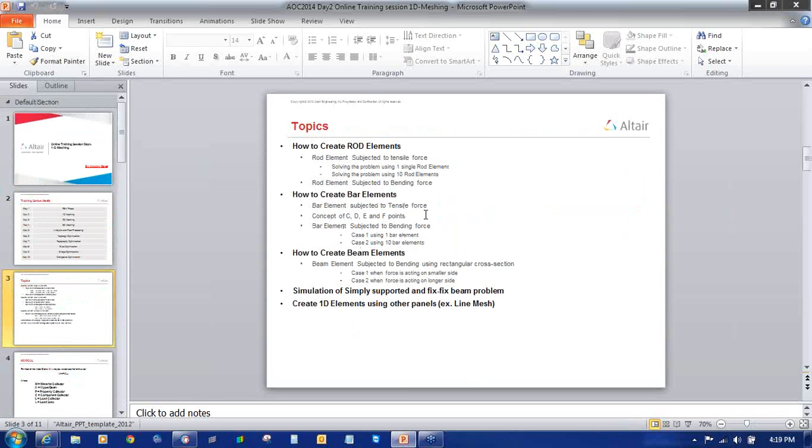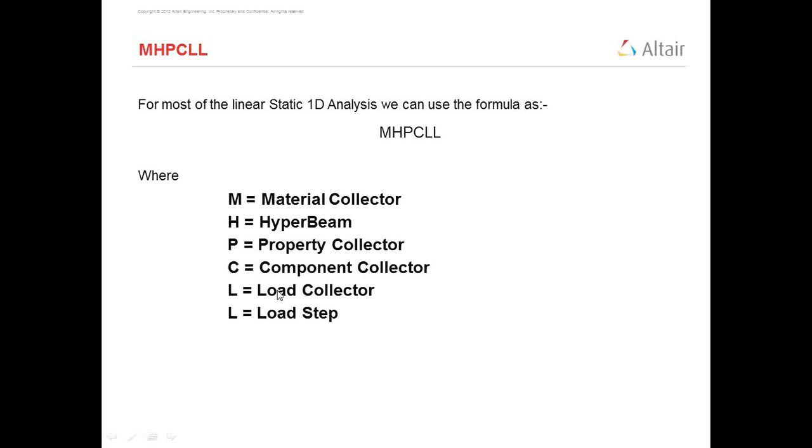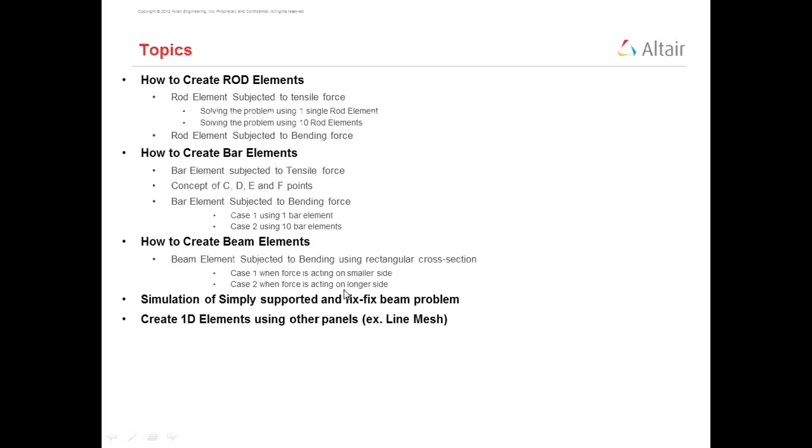We have completed the second topic, that is how to create bar elements, where we have discussed bar elements subjected to tensile force, the concept of CDEF points, and bar elements subjected to bending forces. First case when I use 1 bar element, then the second case when I use 10 bar elements. What is the difference between 1 bar and 10 bar elements?